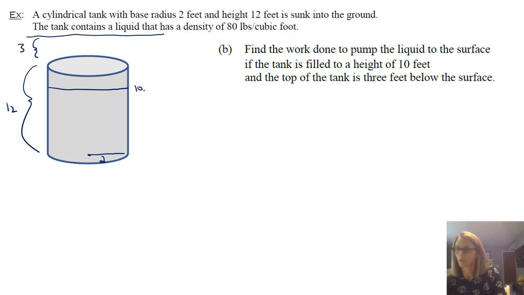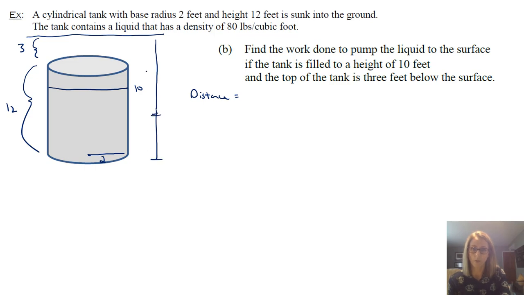Okay. However, a lot of this is all still the same. So the distance is now, instead of 12 minus x, we're thinking about the fact that it's got to go all the way up 15. So now when we call this x, this is now 15 minus x because it needs to go the 12 plus another 3.